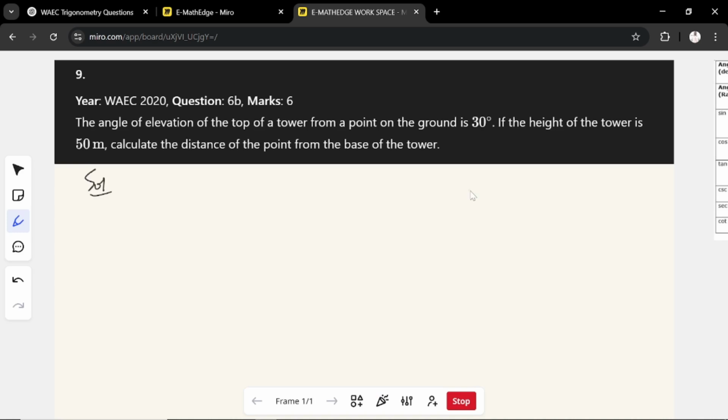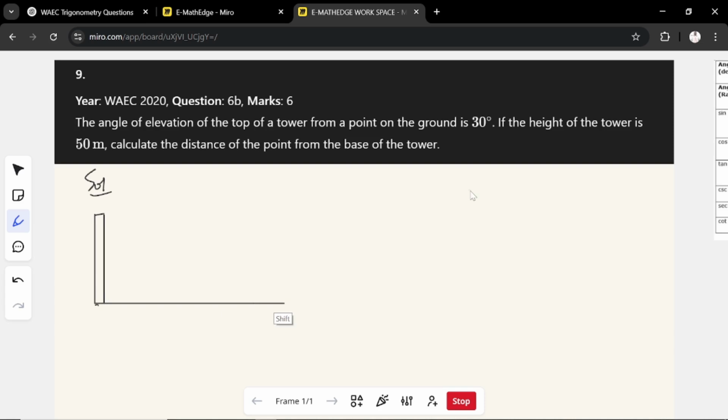So before there is angle 30, there must be a tower and also the horizontal line, which is the ground. So let's bring out the tower. This is a tower standing tall. Let's have it to be this.